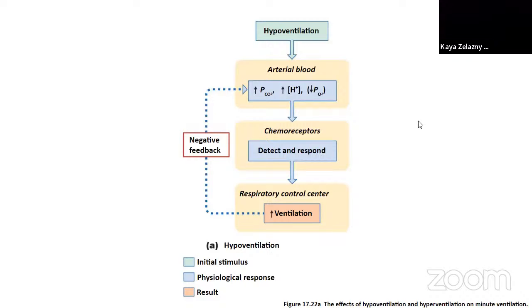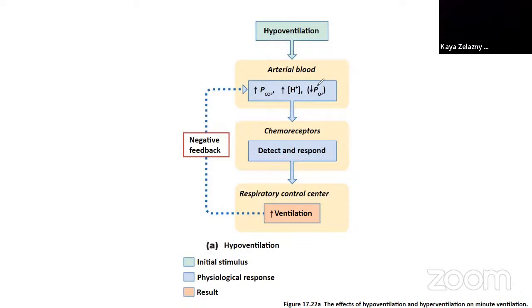So here we see different breathing rates and how they're related to these chemoreceptors and to our partial pressures of carbon dioxide especially, but also oxygen and hydrogen ions. So hypoventilation. Right, so if you are hypoventilating, you're breathing too slowly, you're not getting enough oxygen.